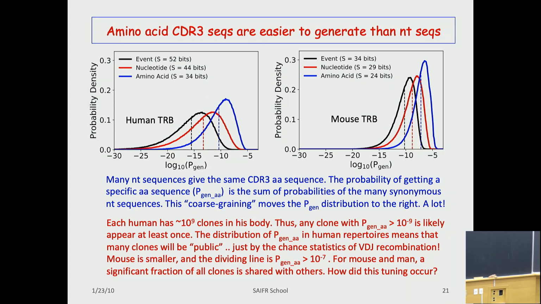And so the actual sequences that lie under the blue curve are sequences that you're likely to find in mouse 1, mouse 2, mouse 3, et cetera. And the same thing is true for human. The question that I came to a few slides further on was, what fraction of the total repertoire lies to the right of 1 over n when I choose n to be the actual size of the repertoire?